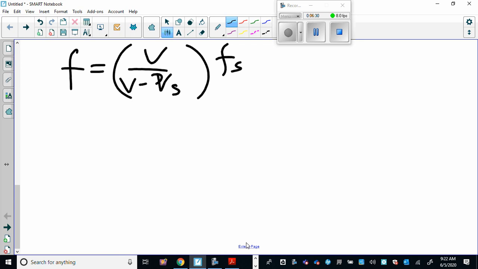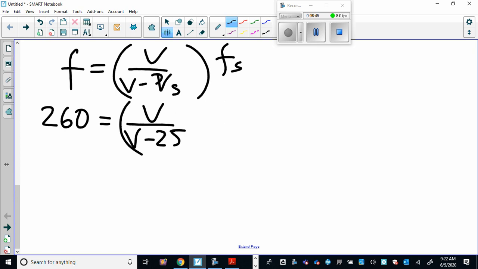And in this case, it still ends up being a lot of work. So don't get me wrong, this is not infinitely easier. You end up doing the same operations. You're just doing them with numbers now instead of variables. So this would be 260 V over V minus 25 times 240.